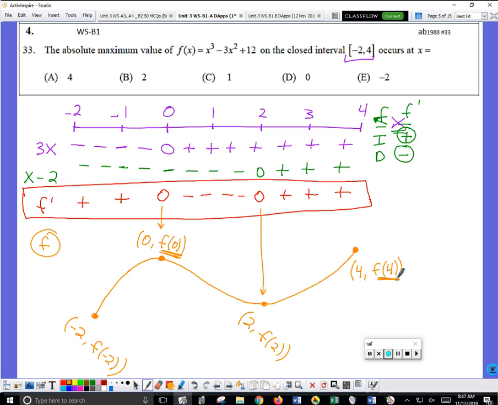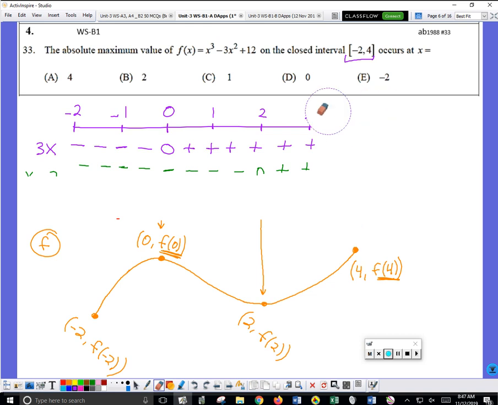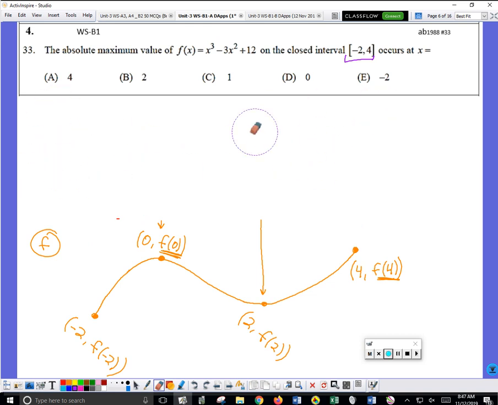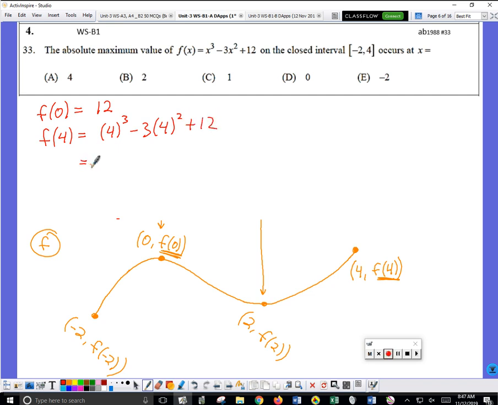Cool. Copy this one over. So erasing all of this. We just use the formula. F of 0 is going to equal 12. F of 4 would be 4 cubed minus 3 times 4 squared plus 12. So that's going to be 4 cubed is 64.